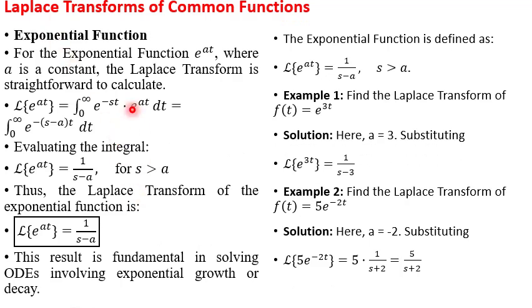All right, next let's look at the Laplace transform of an exponential function. For the exponential function e raised to power at, where a is a constant, the Laplace transform is straightforward to calculate.